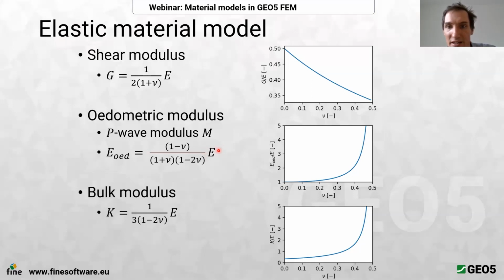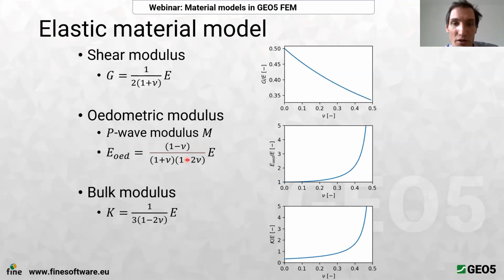So this would be the Young's modulus, and the unloading reloading modulus has to be higher, and there is a rule of thumb that it should be 2 times, 3 times higher, maybe 5 times for some kind of soils. So the oedometric modulus is not entered anywhere in the software, with the exception of the modified elastic model, but I think this is just an exception.